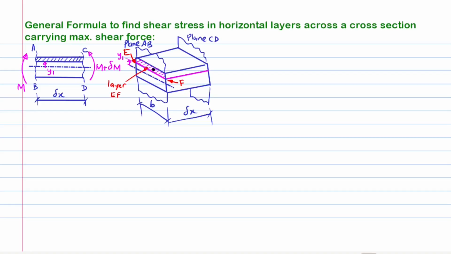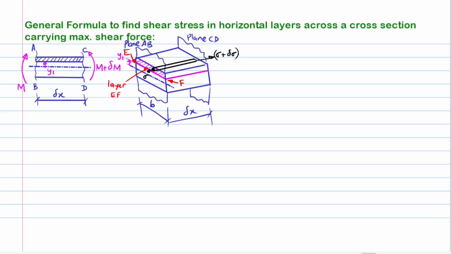An elemental cylinder of cross-section del A is shown acting above the arbitrary layer EF in the plane AB at a distance of y from the neutral axis. Now, I is the area moment of inertia of the complete section about the neutral axis as usual. It is required to estimate the shear stress on section AB on a layer EF at a distance of y1 from the neutral axis.